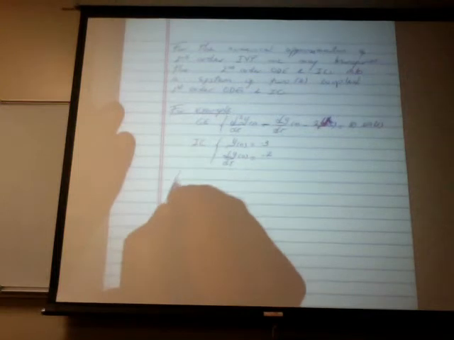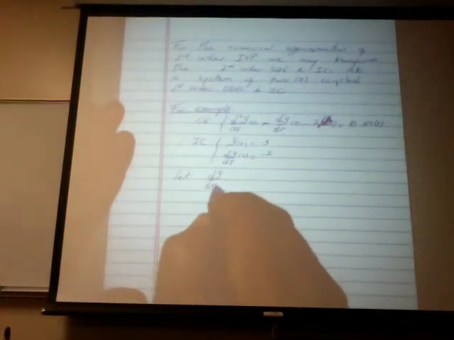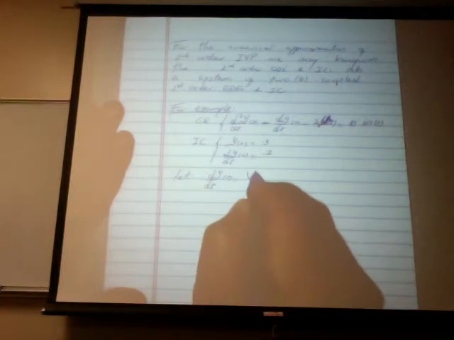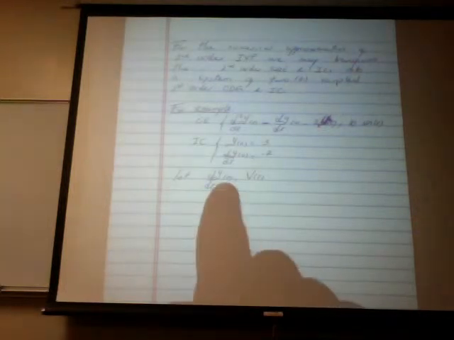So why don't we let dy/dt be equal to some v(t). In this case, the nomenclature makes sense because if y is position, then v is velocity, but we can call it whatever we want. We're replacing the first derivative of y, which is unknown.